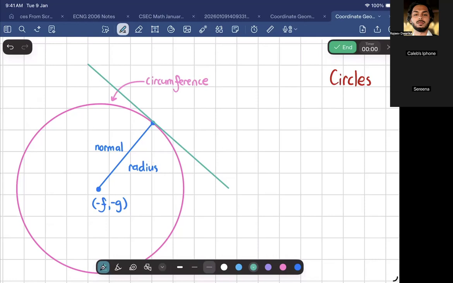Caleb or Serena? Do any of you guys know what that would be? That, my friends, is a tangent. Call that a tangent. So give me a second, my Apple Pencil is playing up.